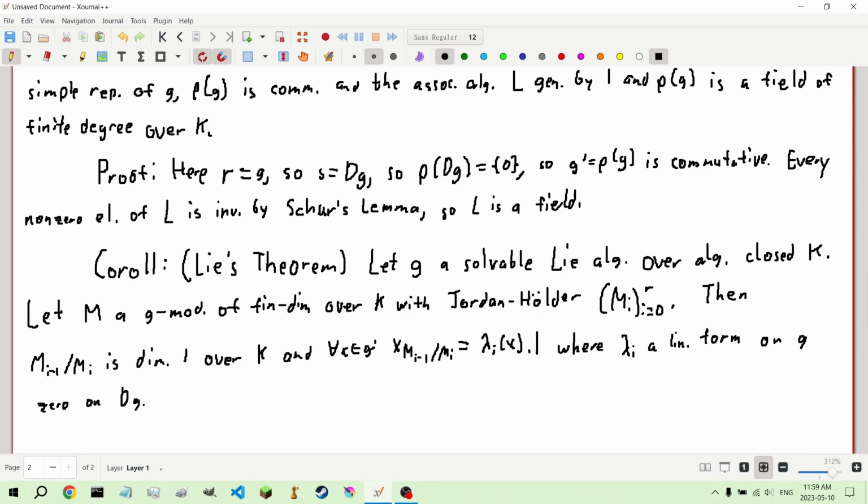And so we get that every simple G module of finite dimension over K is dimension 1.